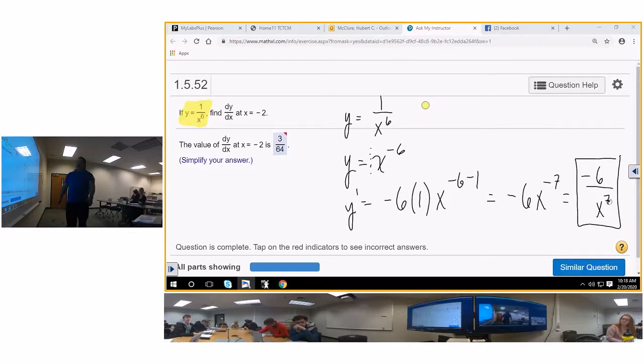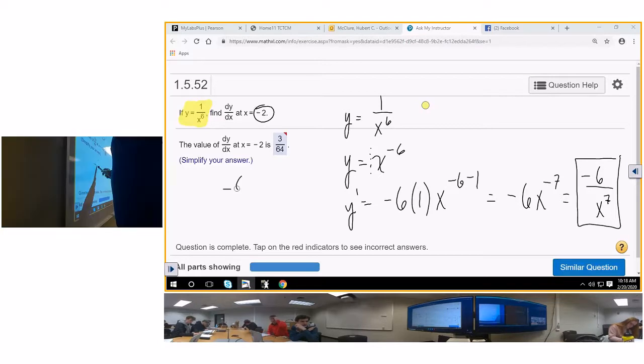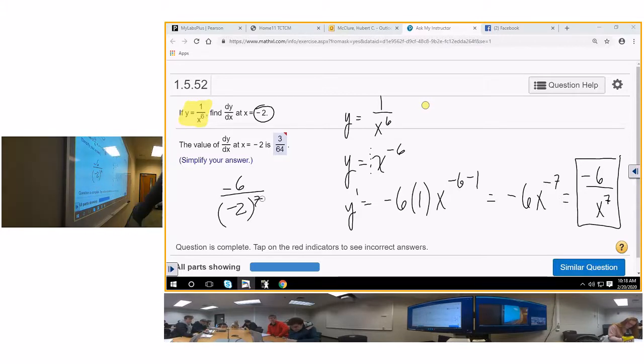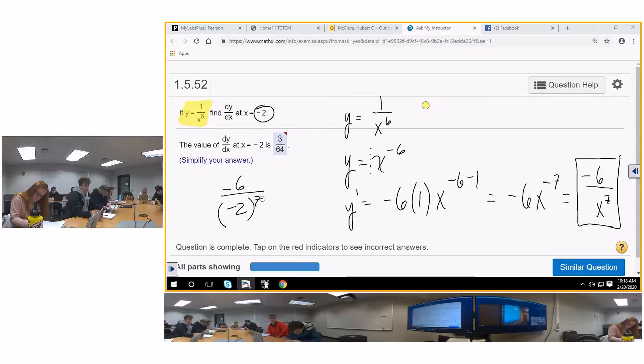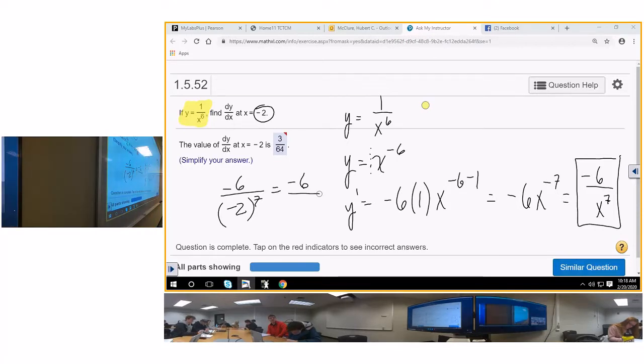Now, take that -2 and do what with it? Plug and what? Plug and chug. So -6 over -2 raised to the 7th power. And that's going to give you, I'll do the top for you, -6. There you go. Well, I know that 2 times 2 is 4, 4 times 2 is 8, 8 times 2 is 16, 16 times 2, that's 32.